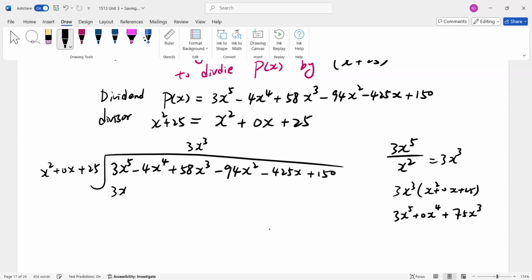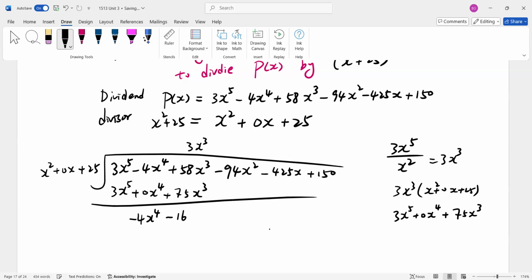Place that right below the dividend and then subtract. So this cancels, and we get negative 4x to the 4th, then let me double check, and this one is 1.